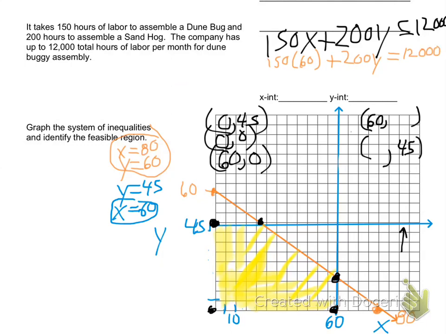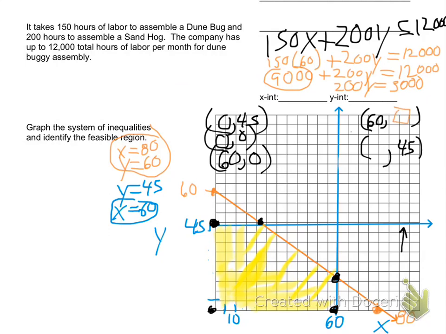So we have, let's see, 15 times 6 is 90 with 2 zeros added onto that, 9,000, plus 200y is equal to 12,000. If we subtract 9,000 from 12,000, we get 3,000. So our 200y is equal to 3,000. And that would give us our y value here.